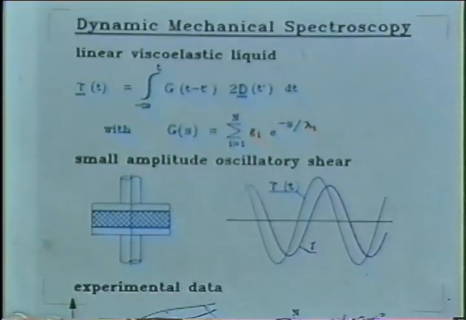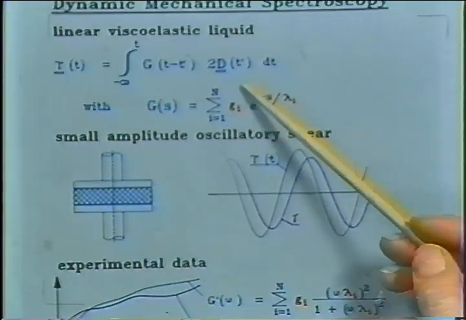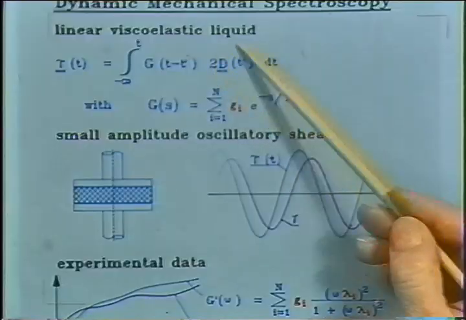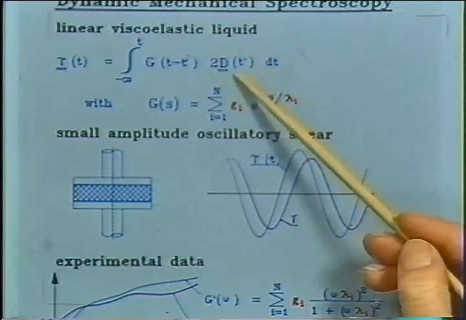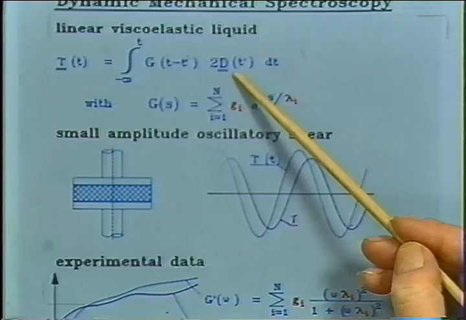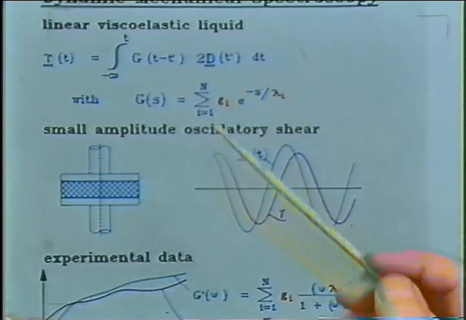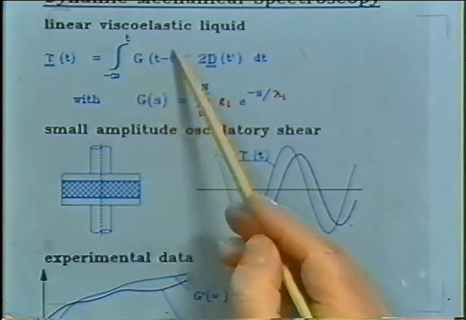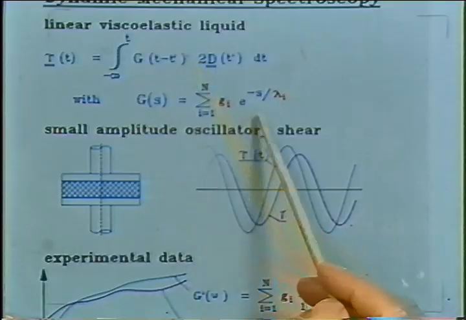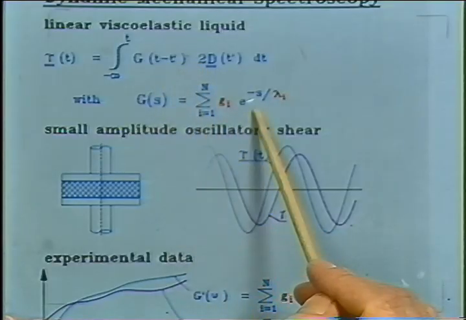The approach is the following. We are going to model dynamic mechanical experiments. We will model oscillatory shear. In this case, we take the Boltzmann equation, enter the sinusoidal shear for the deformation history, and we also will take a discrete relaxation spectrum for modeling the relaxation modulus.